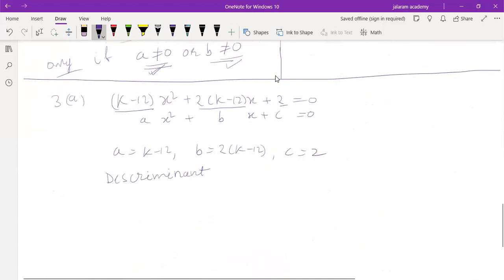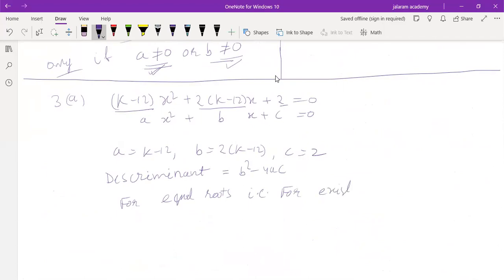Okay. And you all must have understood this, that discriminant equals to b square minus 4ac, and for equal roots, that is for existence of one root, discriminant, that is b square minus 4ac, must be 0.